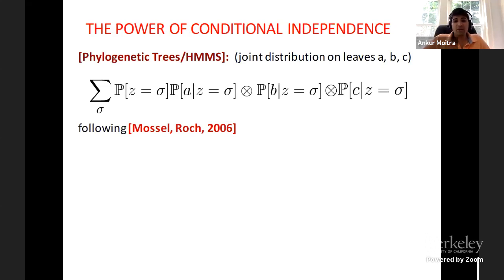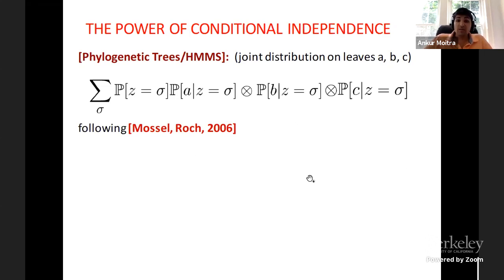Because if you think about phylogenetic trees and hidden Markov models, I claim what's really happening, what makes the thing work, why you have a low rank tensor, is because there's conditional independence. This is what I'll call the power of conditional independence, the way in which you find a low-rank tensor within the statistics which you can compute from your data.